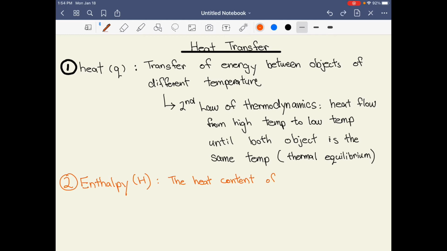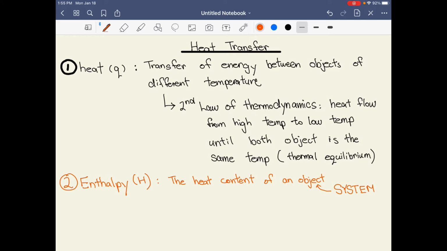The heat content of an object. You'll notice that I will stay away from saying stuff like object. I will say stuff like system, very, very soon.